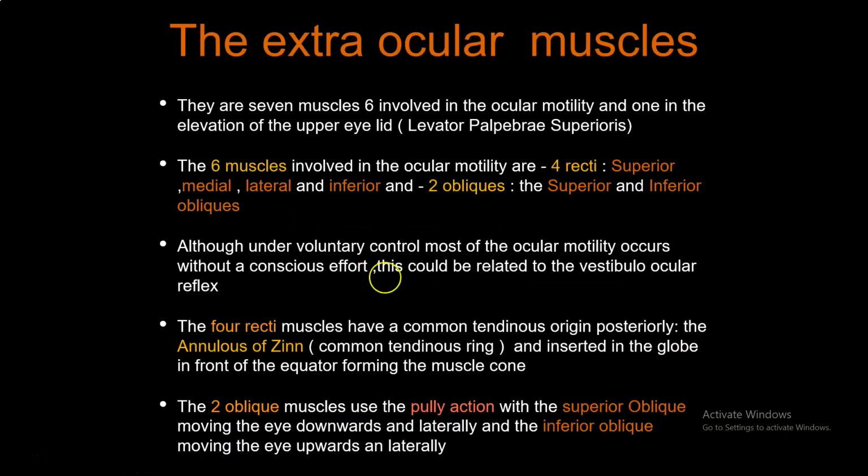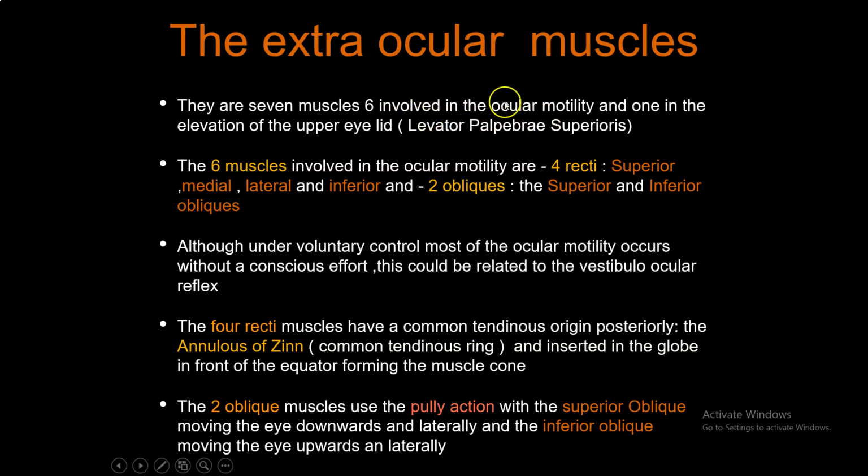Extraocular muscles. There are 7 muscles for the orbit. 6 are involved in ocular motility, and 1 in the elevation of the upper eyelid. It is a very delicate and very important muscle called the levator palpebrae superioris. If it is injured, you can get permanent ptosis.